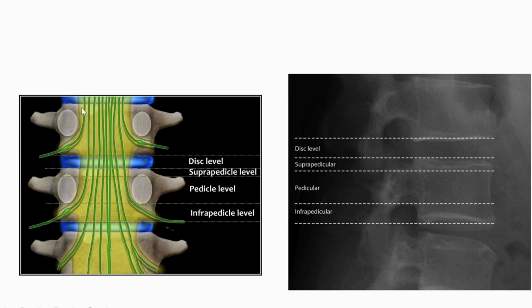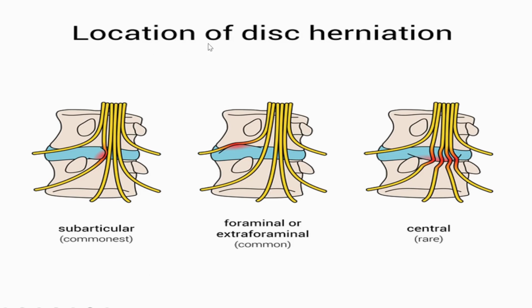And in sagittal or coronal, we can see that depending on the level of the herniated disc, that is at the disc level, the suprapedicle level, in between the disc and the pedicle, the pedicle level, that is at the level of the pedicle, and the infrapedicle level, that is the inferior aspect of the pedicle and the superior margin of the lower disc. So these are the levels on the basis of sagittal and coronal images. Now the location of disc herniation and the nerve root compression.